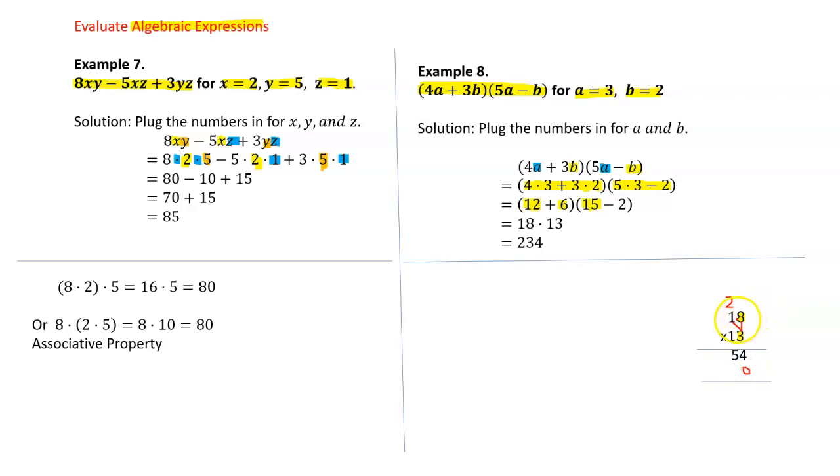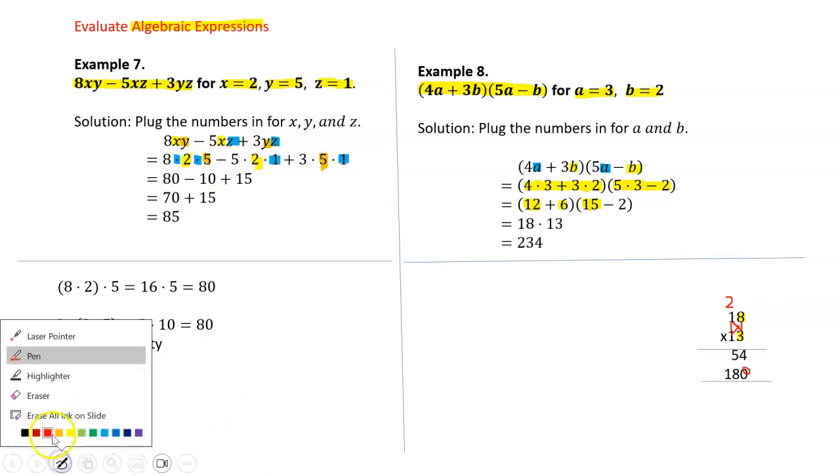So we're going to get literally 18 times 10, which is 180. But we can slow down and put down a 0 to represent the 10. And then we do 1 times 8 is 8. And then 1 times 1 is 1. So we got 180.